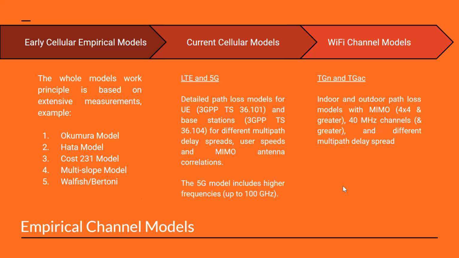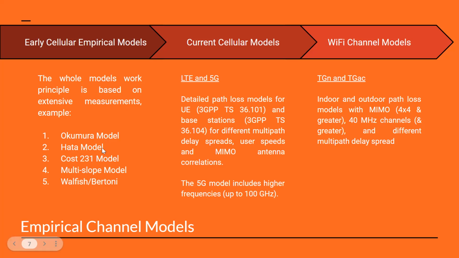Now to the empirical channel models. First, we look back into the early cellular empirical models. Their working principle is based on extensive measurement. For example, the Okumura model is empirically based and site and frequency specific.